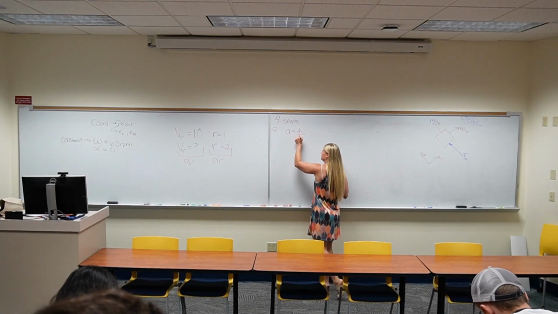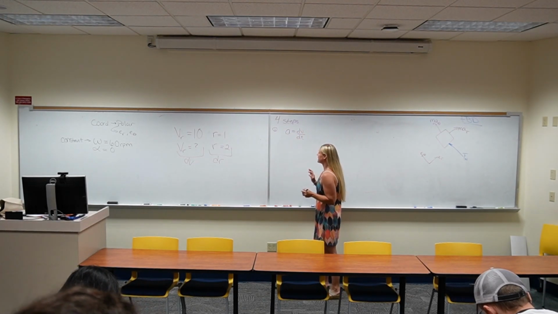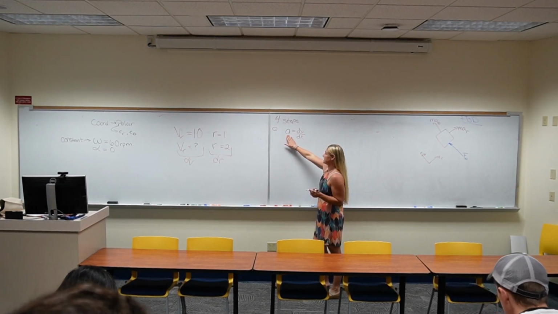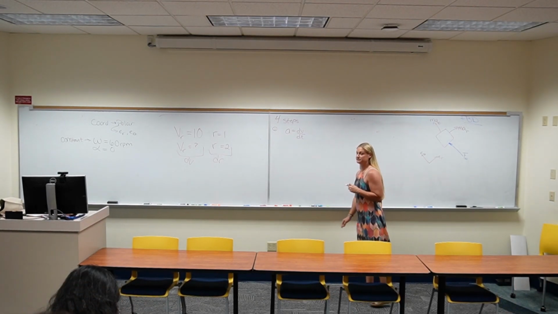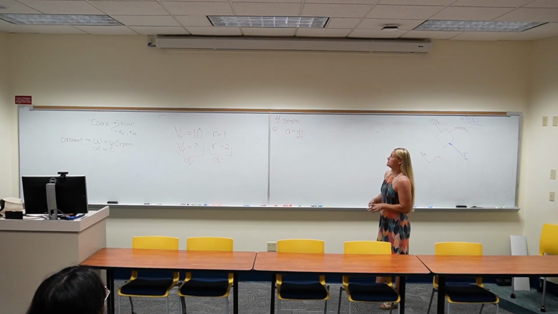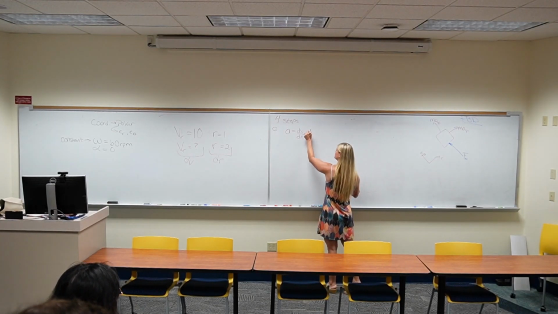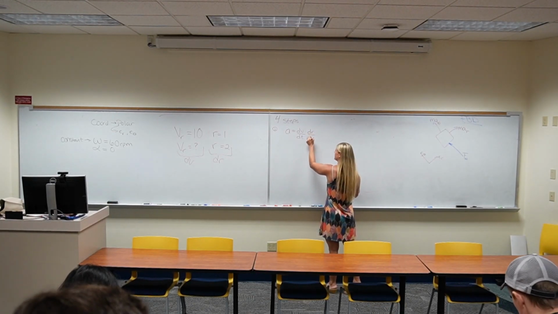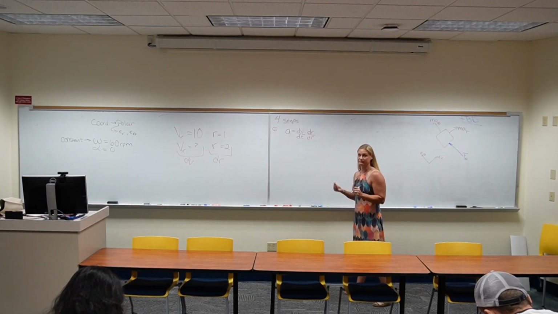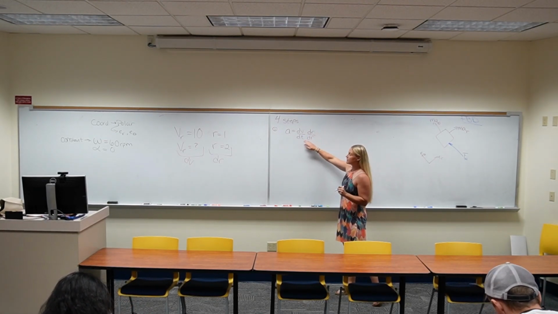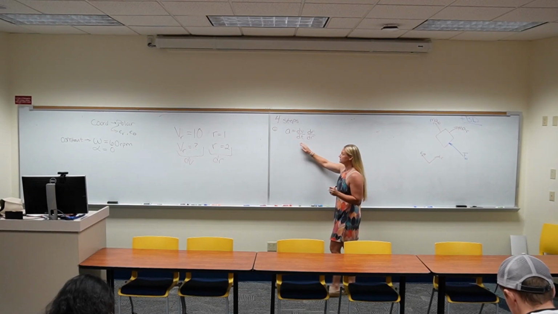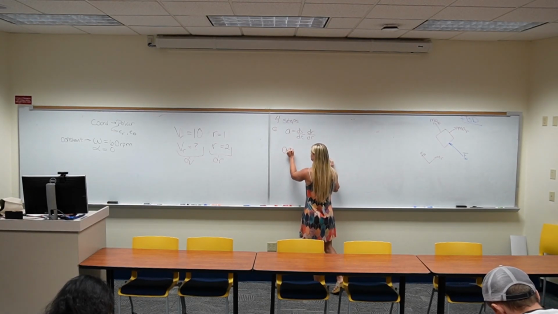Very good. But my acceleration is in terms of position, so what do I have to do? We multiply the top by dr and the bottom by dr to introduce that variable. What is dr dt? r dot, or v.